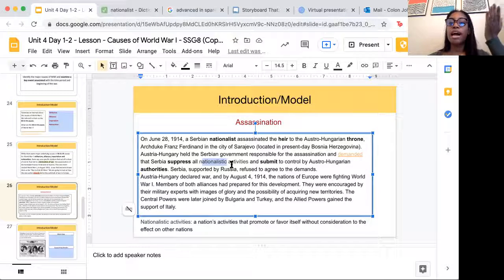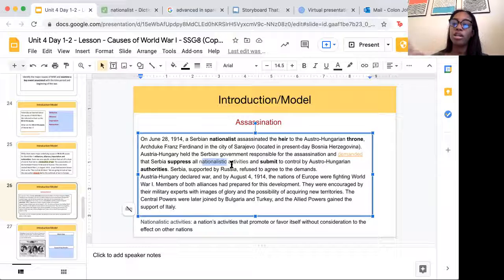So if we have a Serbian nationalist who loves their country, and you have Austria-Hungary that's basically controlling them, this is why we have nationalism, because they don't want that control. They want to control Serbia for themselves.